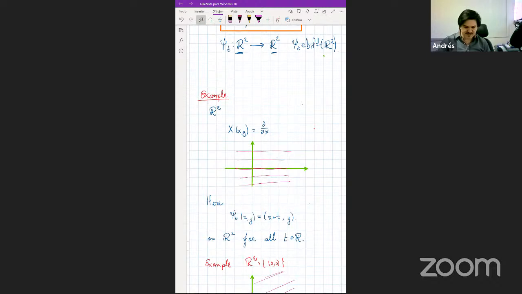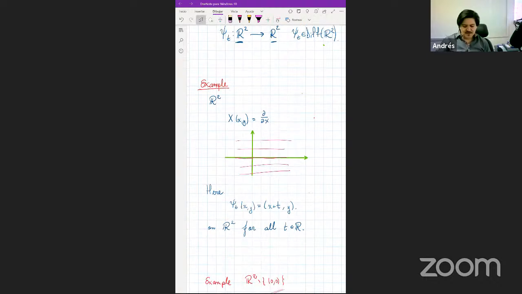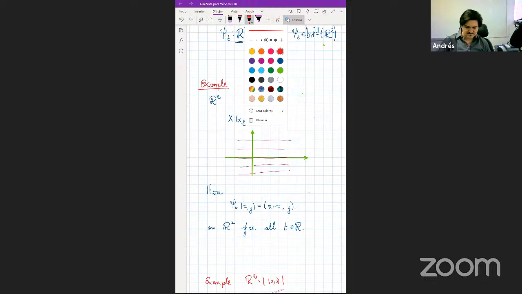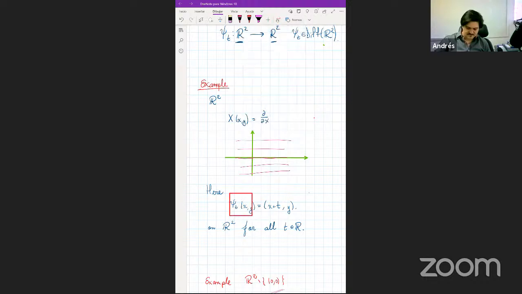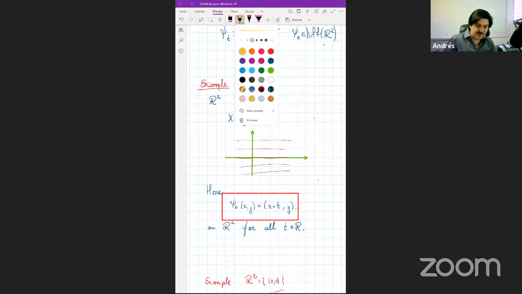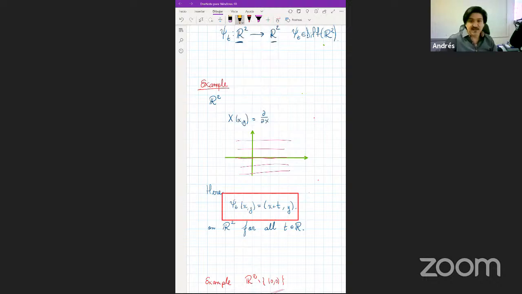Let's take this example. This is the flow. And you remember what the integral curve was, right? If I take P, now you are like experts on this particular example, which is enough.